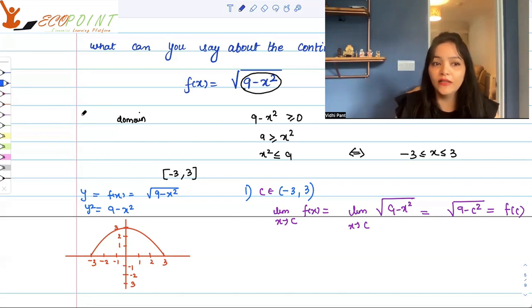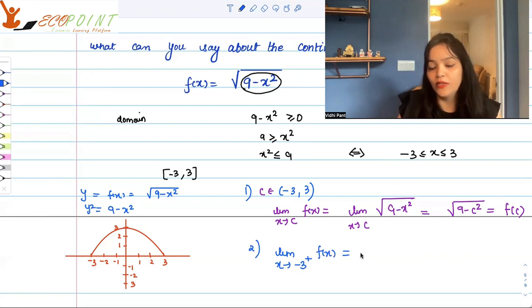The second case that we wish to see is at the endpoints. So we would be interested in looking at the limit as x tends to -3, the right-hand limit at -3, so -3 plus, of f(x).